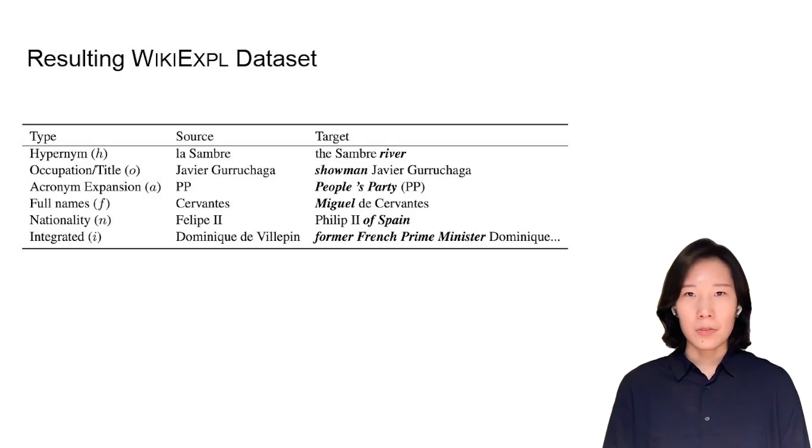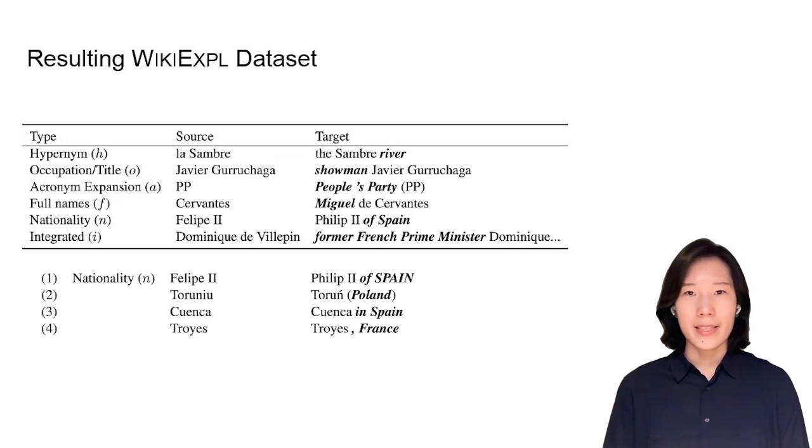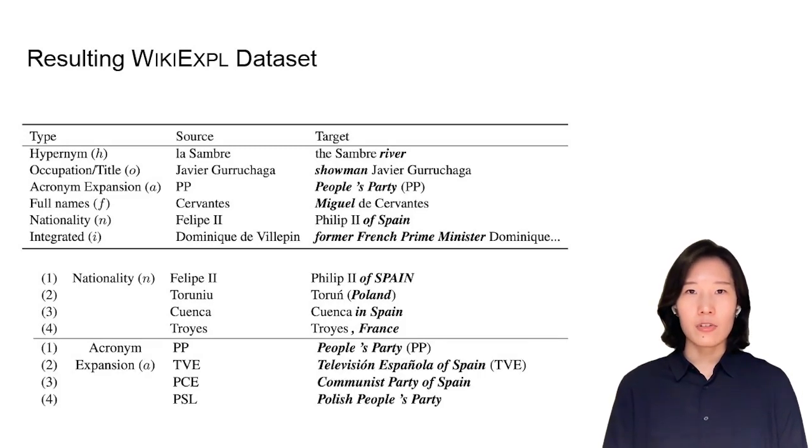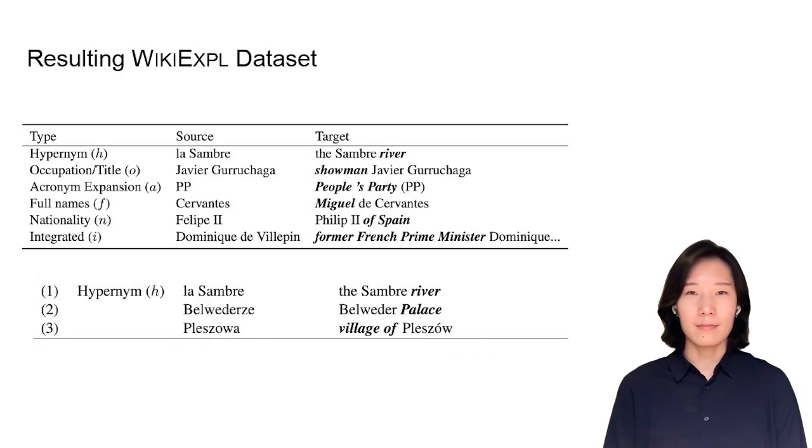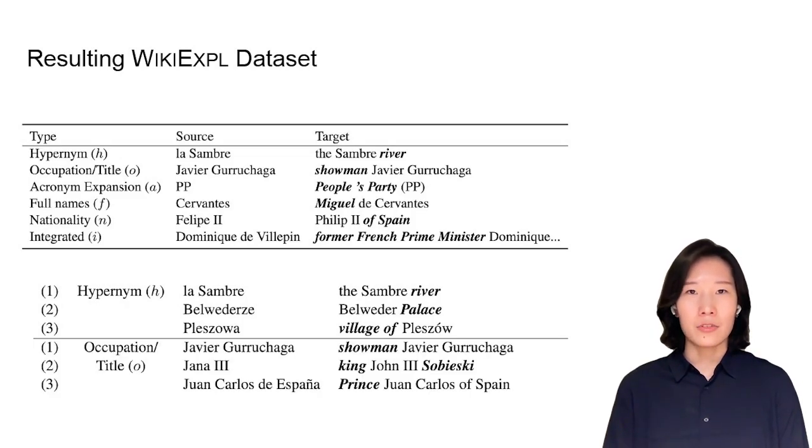We analyze examples and categorize them into 5 types, which is consistent with earlier studies of explicitation literature. The most common type is adding national information to the entity, especially for the location. Acronym expansion is also a common type of explicitation. Other representative cases are introducing the hyponym of the entity and adding titles to the human name.